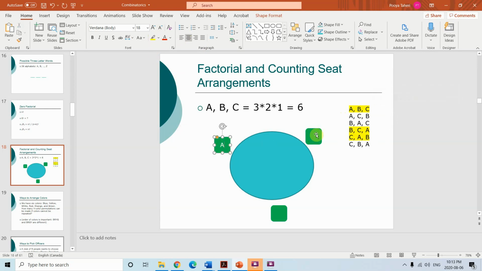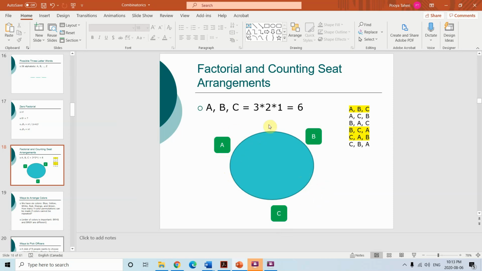If A sits here, B sits here, C sits here, B is sitting between A and C, C is sitting between A and B, A is sitting between B and C.